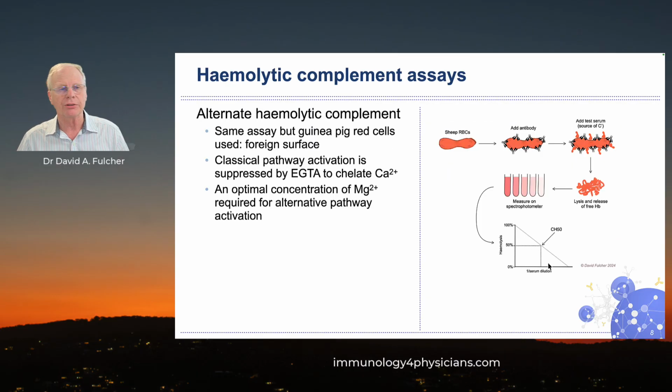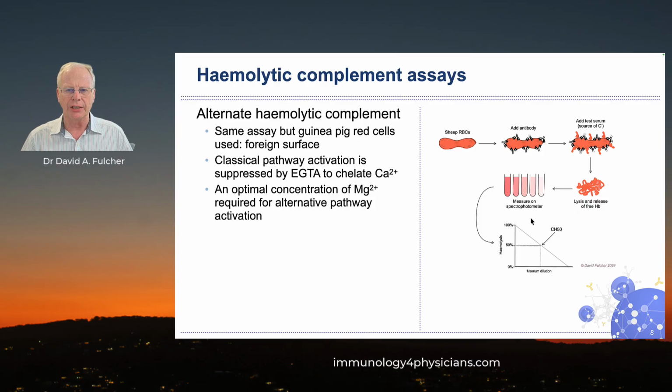We'll come back to that in a moment, but first I just wanted to mention the alternate hemolytic pathway. Now, this is rarely done, and I'll show you circumstances where it might be done, but not many labs will do this compared to CH50, which is a fairly common assay.